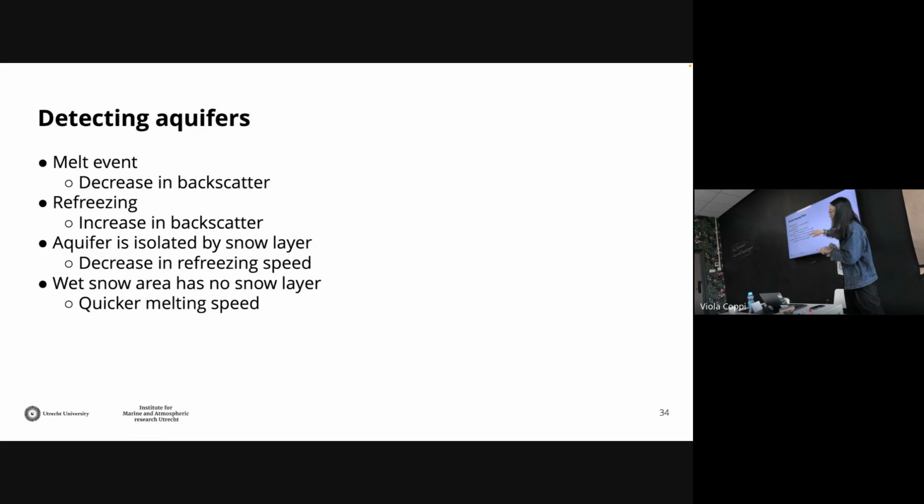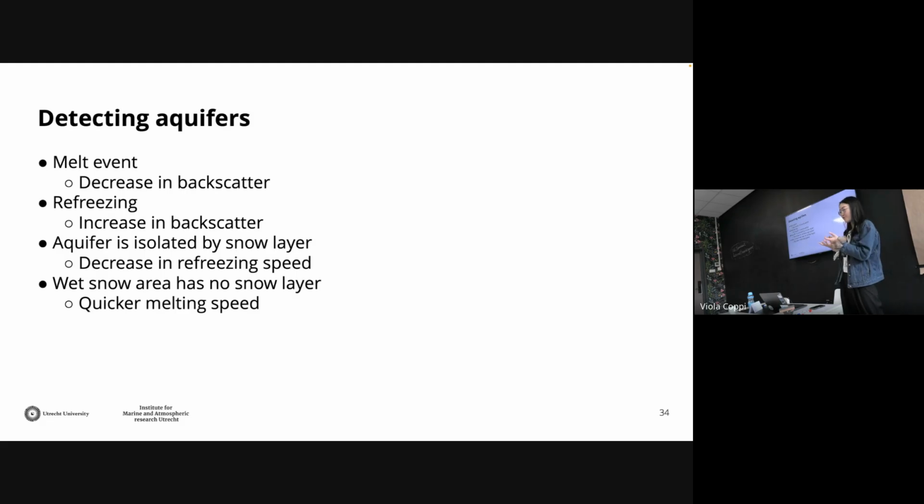In the aquifer, that's quite tricky, because the aquifer is right below the snow. So how to detect this aquifer? When we have melting in the summer season, of course we have a decrease in the backscatter, but when it goes to refreezing, the water has a higher, larger heat capacity.